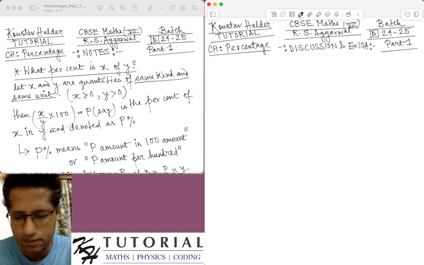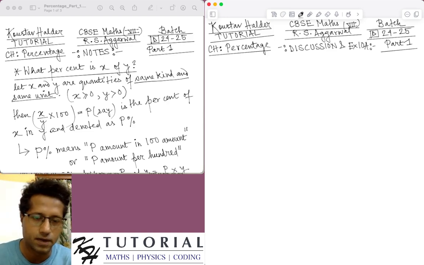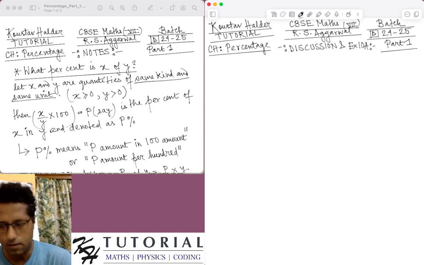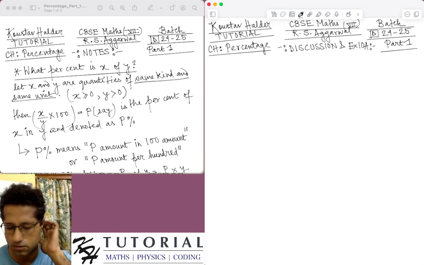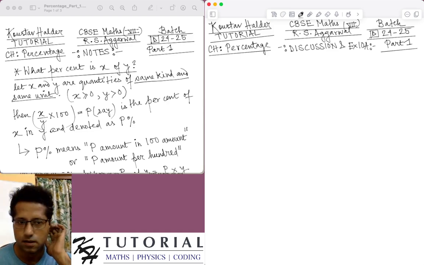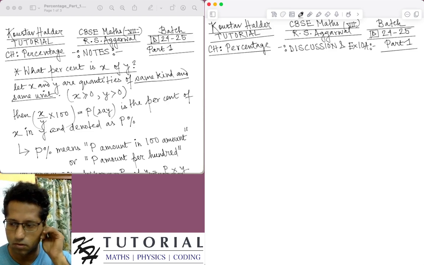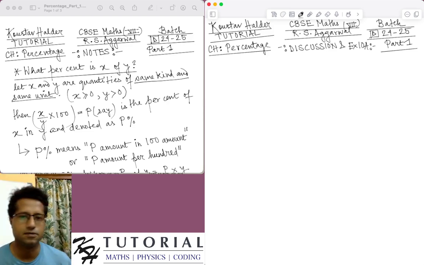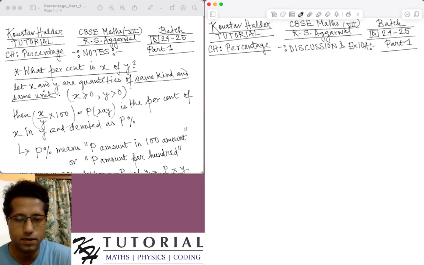So let x and y be two quantities of the same kind and same unit. Like they could be quantities representing rupees or currency, and the unit is rupees, or paisa, or dollars, or they could be some commodity like rice, the amount of rice, and the unit could be kilogram or gram.